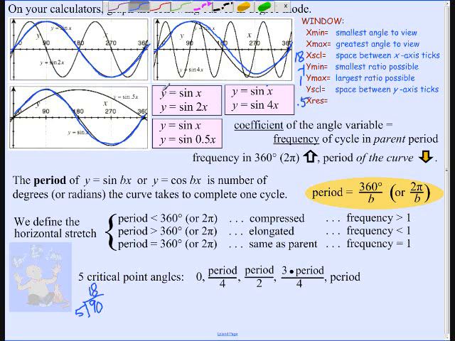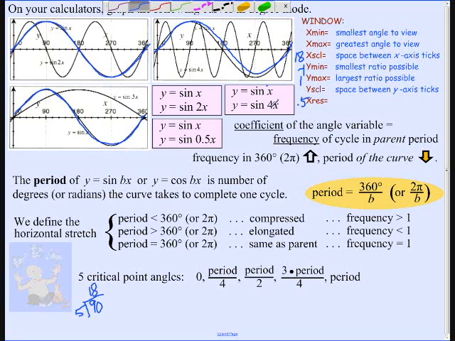So these two are being graphed over here. What happens when we double? It cycles twice in 2 pi instead of only once.